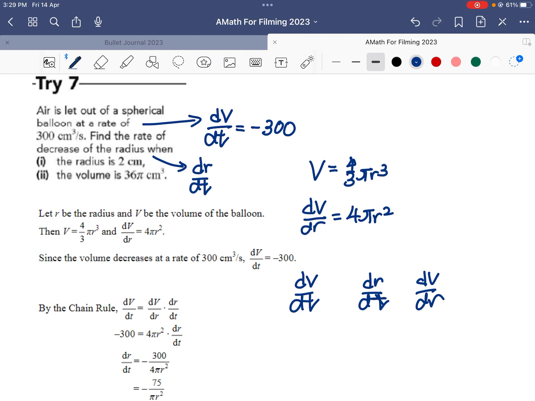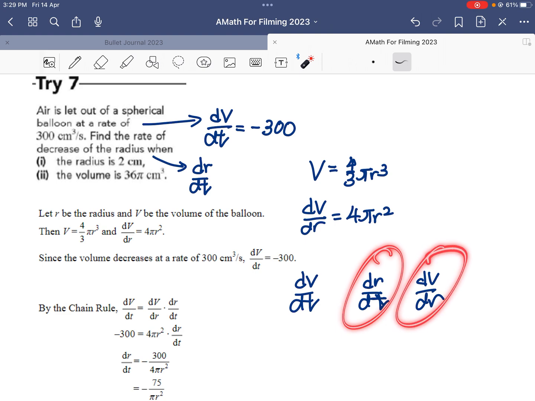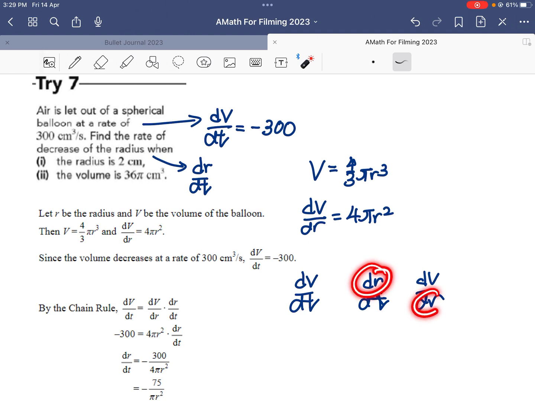So basically if I look down here, where is down here? Down here is here. I know we cannot eliminate, but how they fit is dr and dr, in your brain, they will be able to eliminate. It's not correct mathematics, but it helps you to form the equation. So if you eliminate this, you'll get dV over dt.